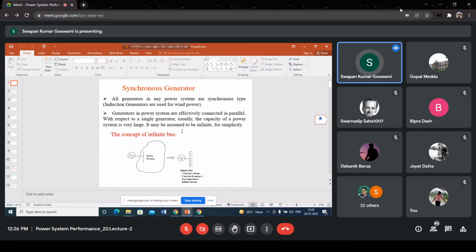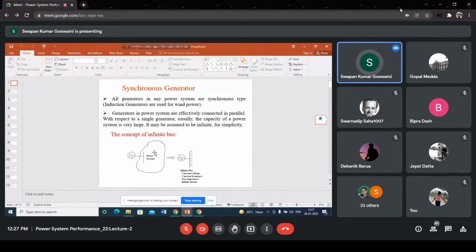Synchronous generators or synchronous machines will be discussed in the machine classes also. But the portion we shall be discussing here is related to its performance when it is connected to the power system. So we shall consider a generator connected to a large power system, and we assume that the power system can be represented at this bus where the generator is connected.